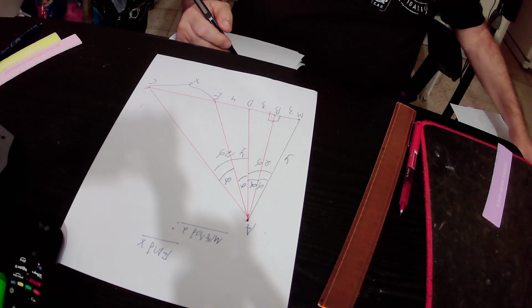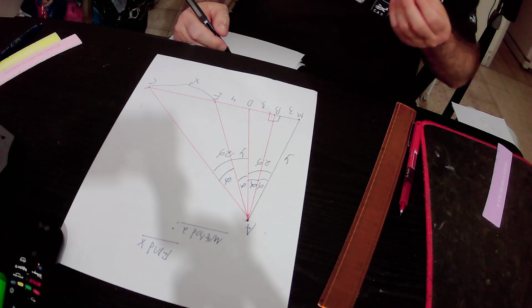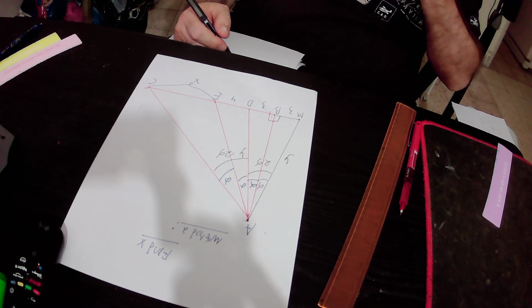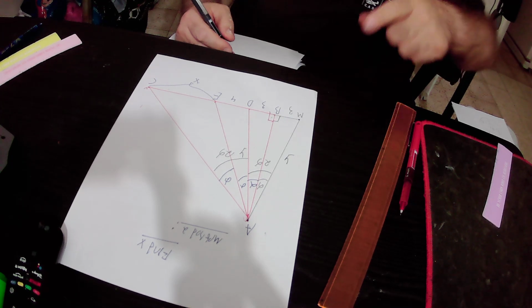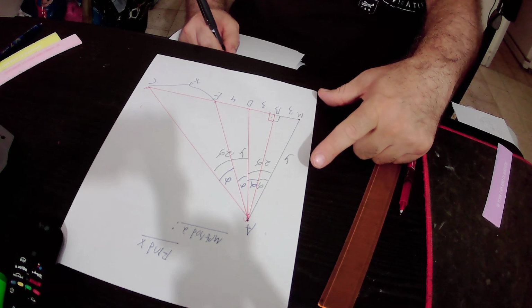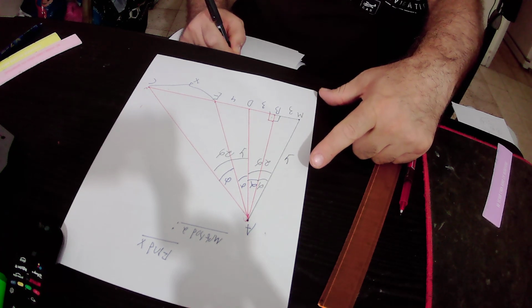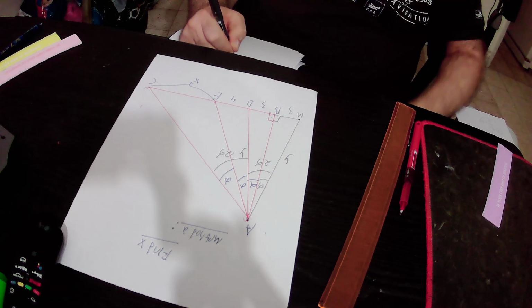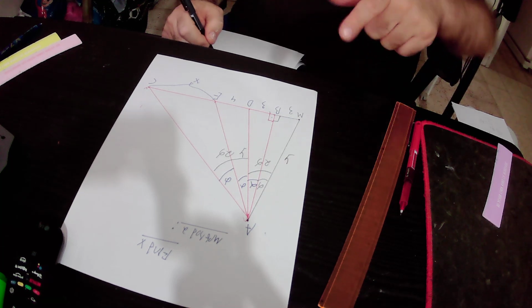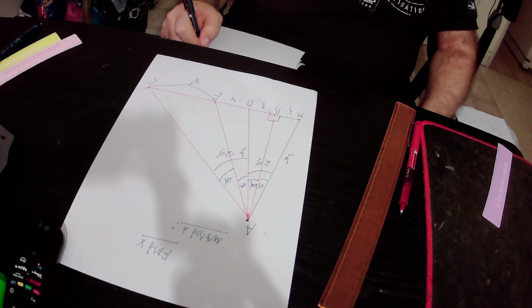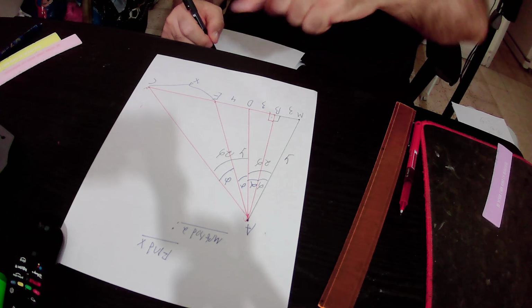Therefore the following relationship exists between the sides of a triangle with an angle bisector. AM over MD equals AC over DC.